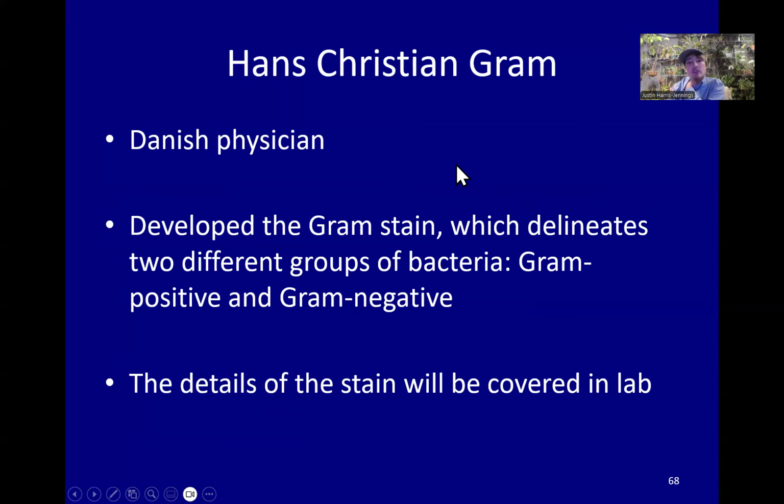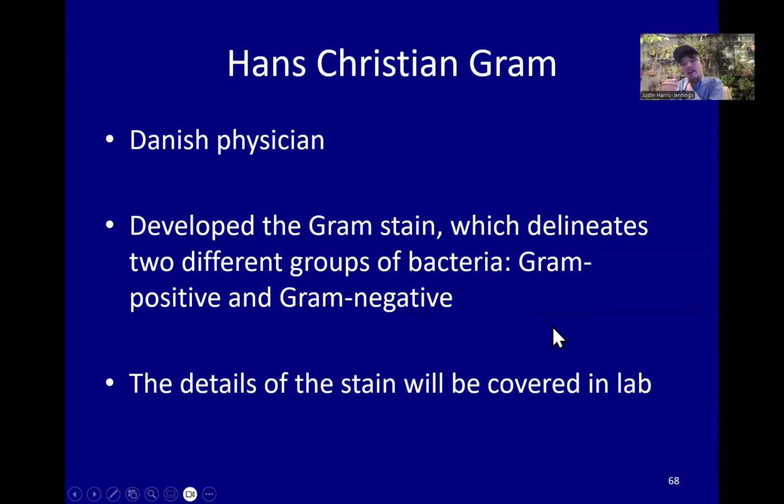Hans Christian Gram developed this technique of differentiating the structure of these cell envelopes by a differential dye technique, where you do a series of dye and decolorization steps to see how thick and how soluble the membrane is to certain dyes. One type ends up one color and the other type ends up another color.